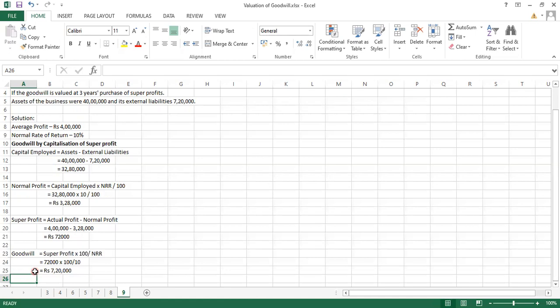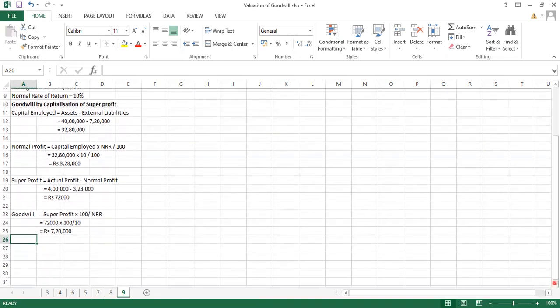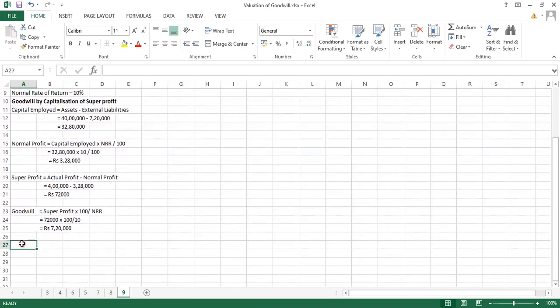Now the next step will be to find out the goodwill by the super profit method, because they have told us that it will be 3 years of purchase. So finding out the goodwill by the super profit method.